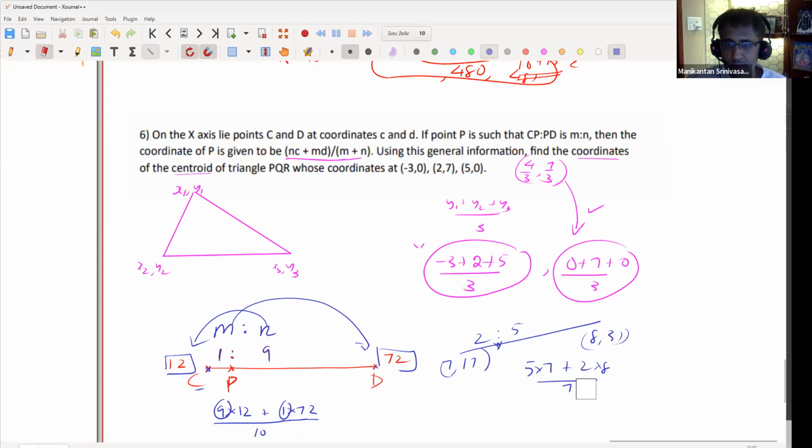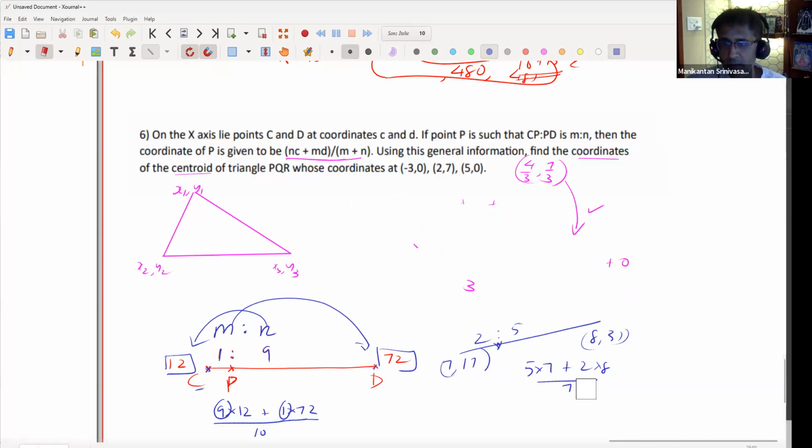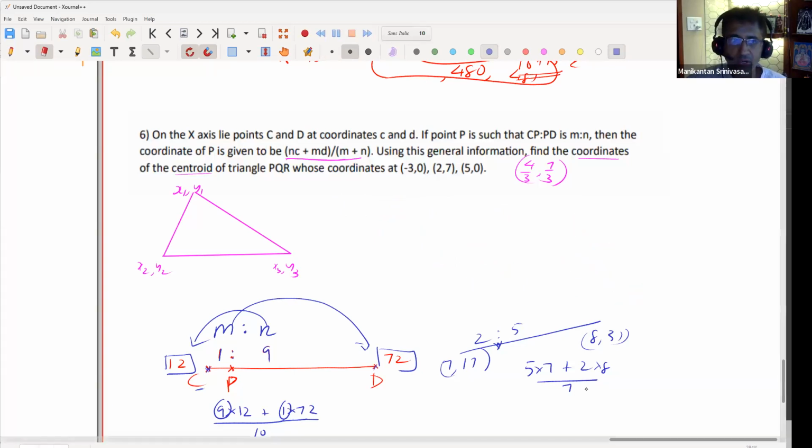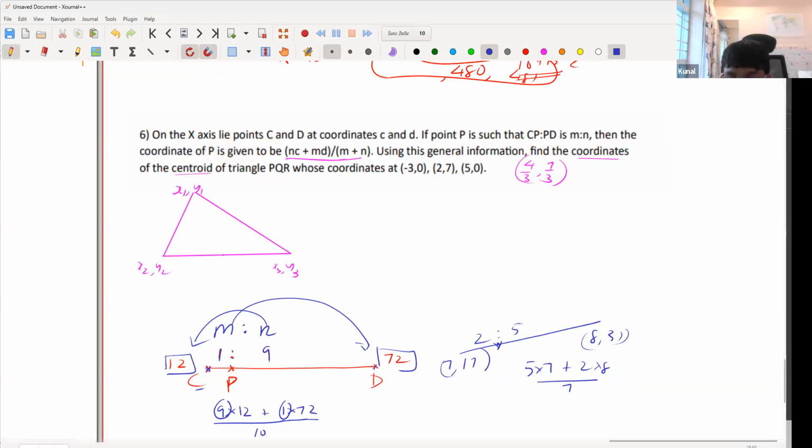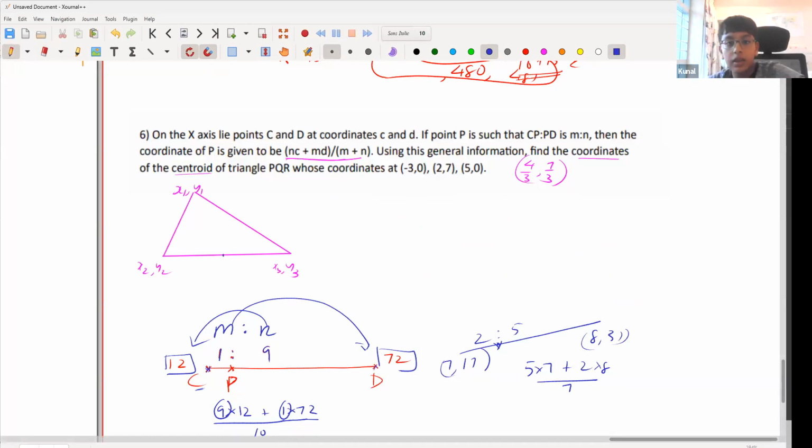Okay, so let's do that for this problem now. But for this, the both the points, like where the line doesn't need to be on the same y-axis line? Yeah, they have to be on a line. What do you mean? Any 2 points will be on a line, right?